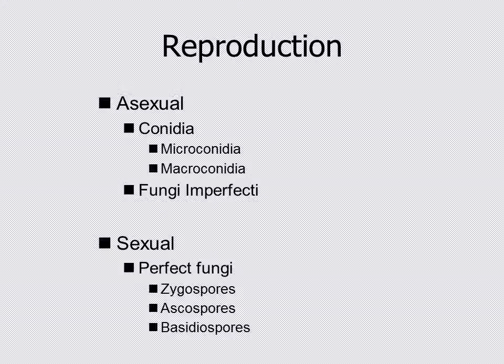And I just think it's always a little bit comical to look at the way they were named originally by the men who first did the research and the naming: if a fungus had a sexual stage, it was considered perfect, and if it lacked a sexual stage, it was considered imperfect.